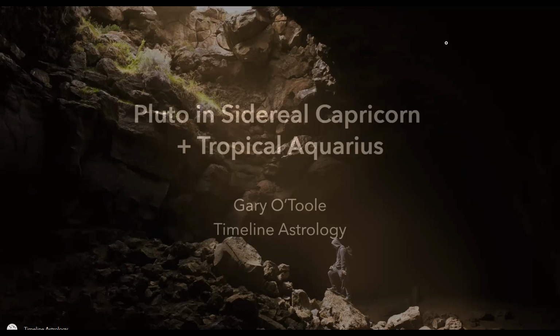So I use the sidereal zodiac myself, but I keep a side glance at the tropical zodiac, pardon the pun. The tropical and the sidereal, in case you weren't aware, are quote unquote two different zodiacs, or two ways perhaps of looking at the same zodiac using two different calculations based on either the tropical, which is set with the equinoxes and the solstices, or the sidereal, which is star-based.